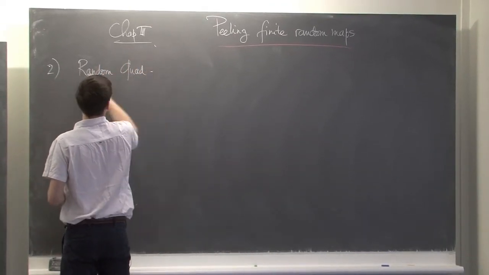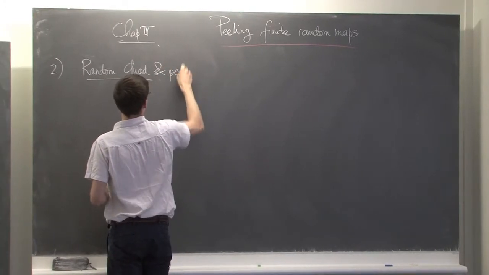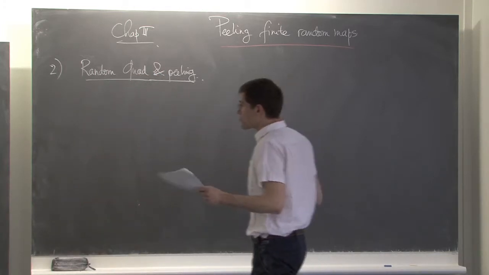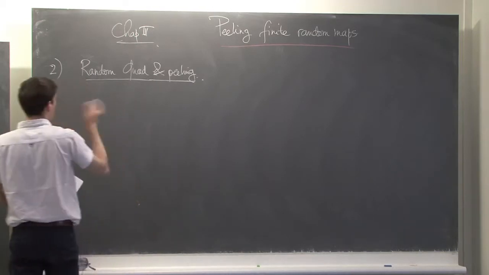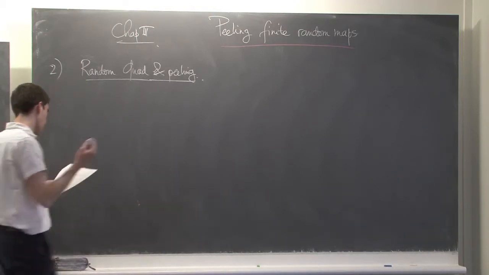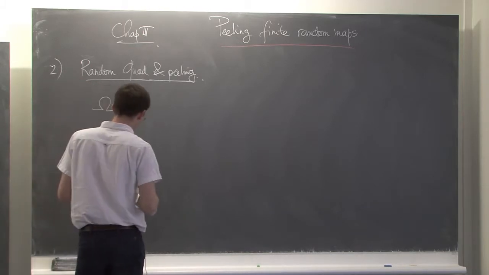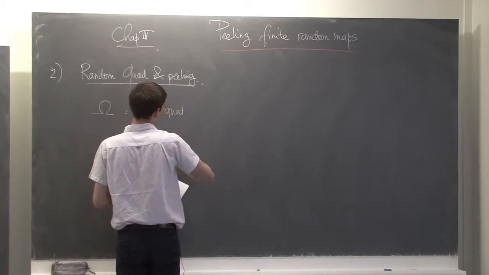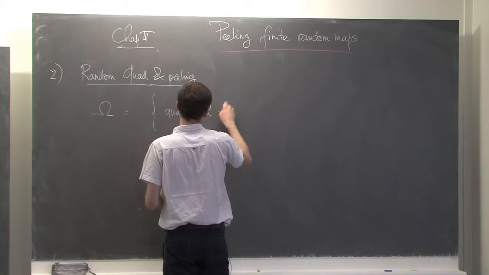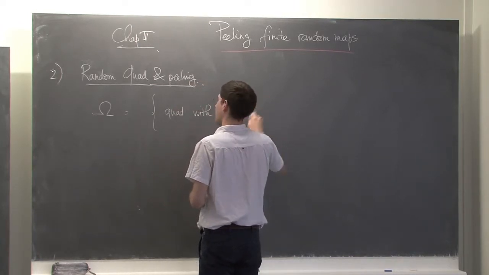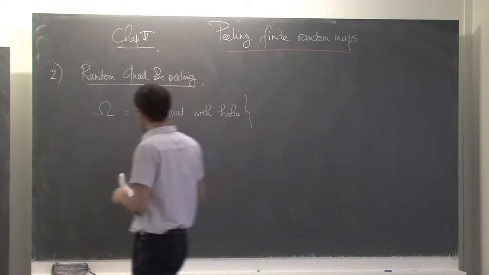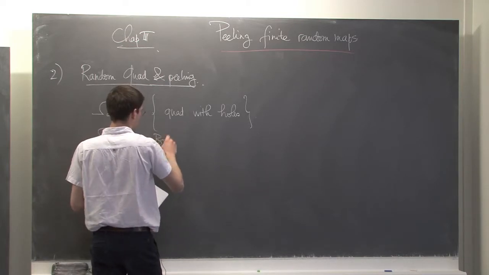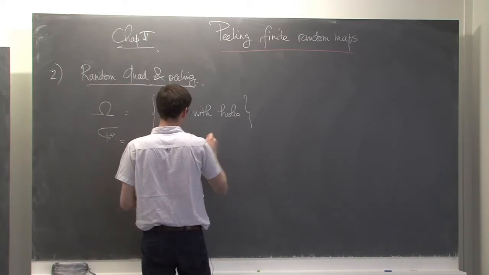And peeling. So to be really precise, I will work on the space omega made of, say, quadrangulation with holes. On it, I will put the sigma field, which is the Borel sigma field generated by the local topology.